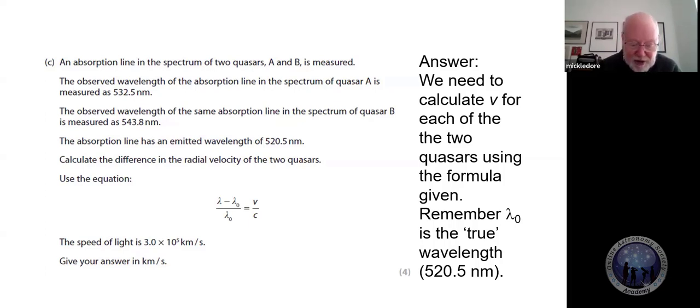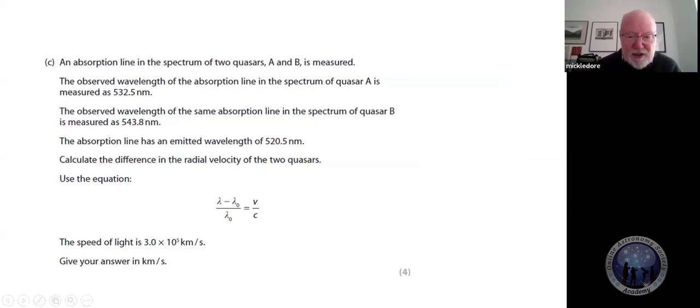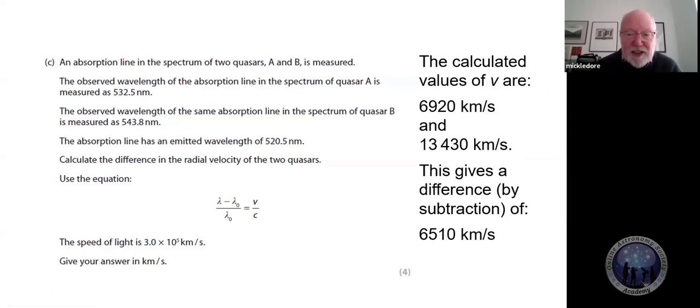And when we multiply by 3 times 10 to the 5 kilometers per second, we get a recession velocity of 6,920. So we've got one of these galaxies traveling at 6,920 kilometers per second, and the other one at 13,430 kilometers per second.